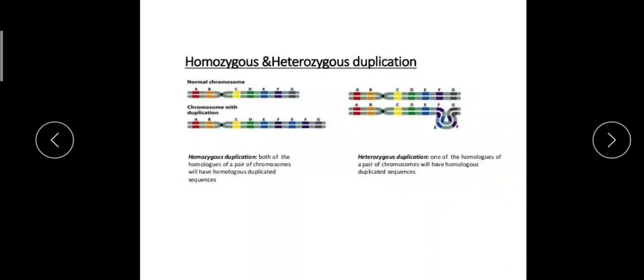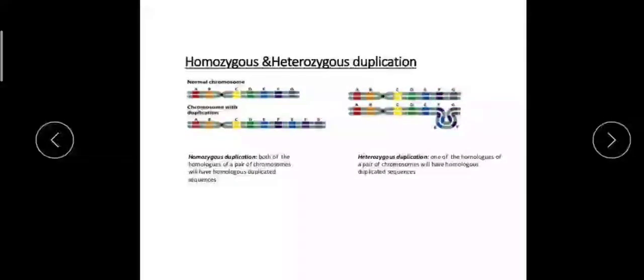In case of heterozygous duplication, the duplicated region will not have a homologous segment in the normal chromosome. Therefore, during synapsis, the duplicated segment forms an unpaired loop, as clearly demonstrated in this figure. Both these are homologous chromosomes, and during meiotic division they pair. Homologous chromosomes come and pair before undergoing recombination.